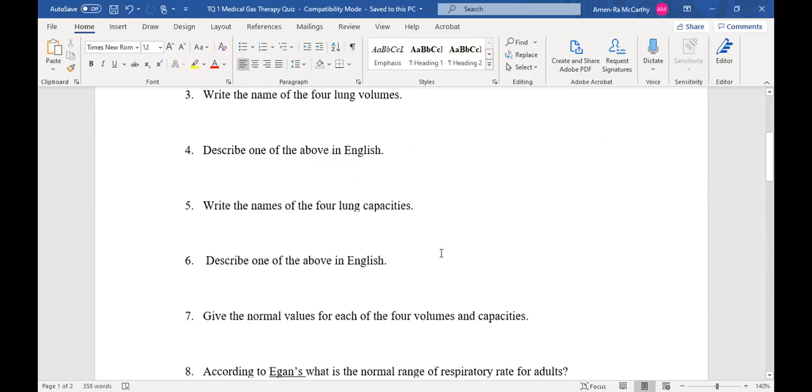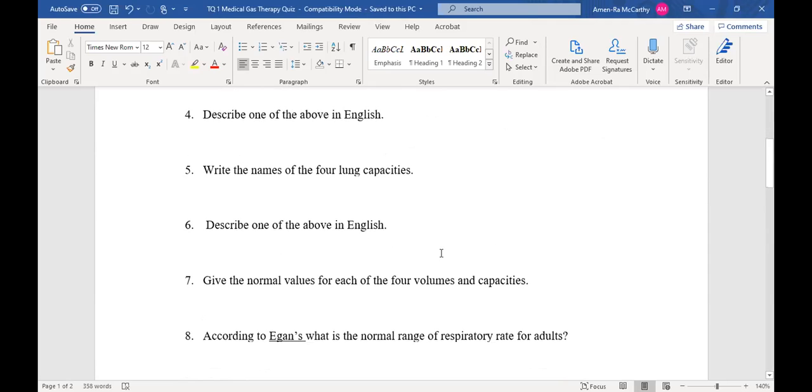Number 4, Ms. Rose, describe one of those in English. Residual volume. The residual volume is what's left over after a normal exhalation.